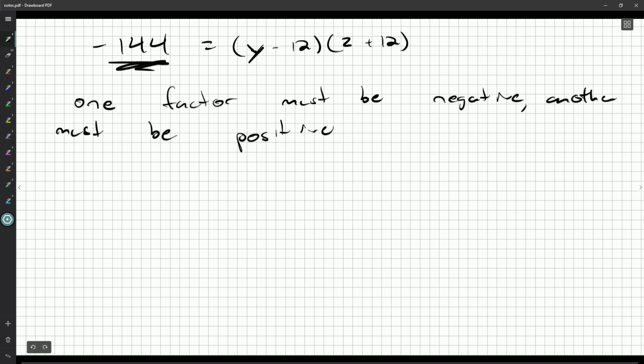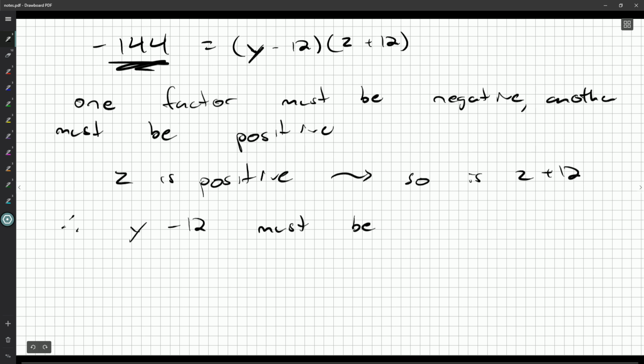Otherwise, you're not getting a negative product here. Now, if z is positive, so is z plus 12. So that tells me y minus 12 must be negative.